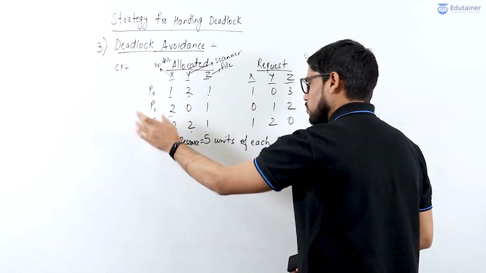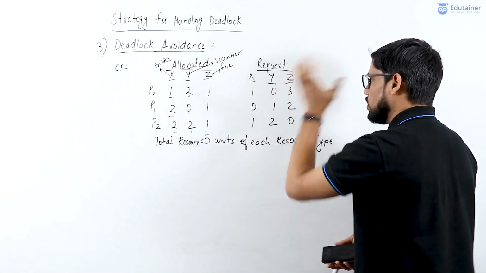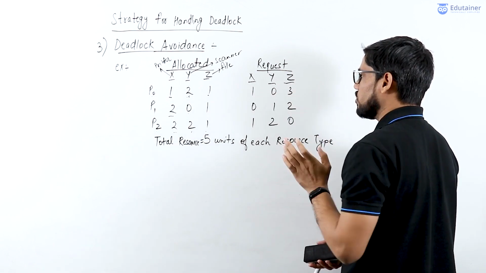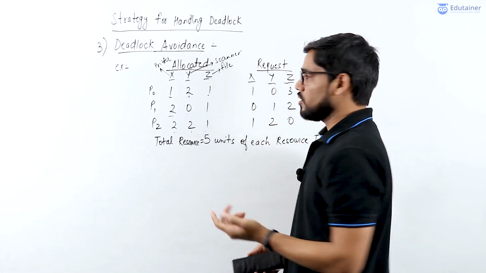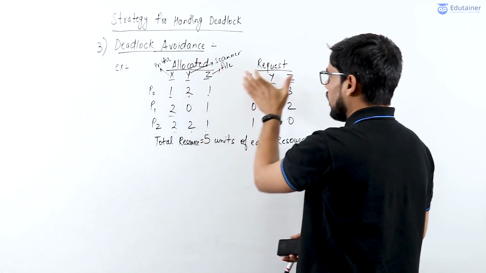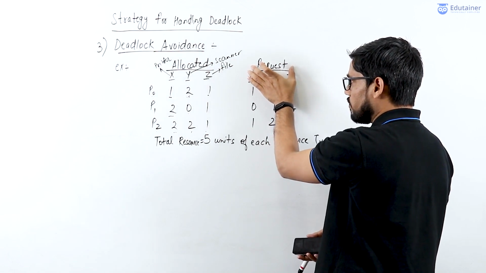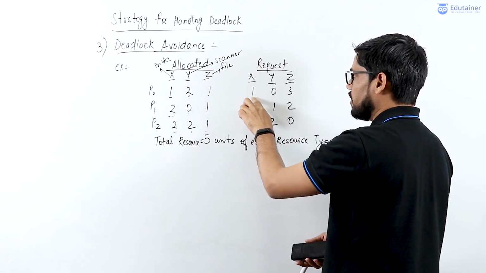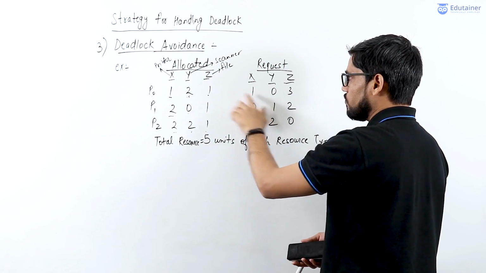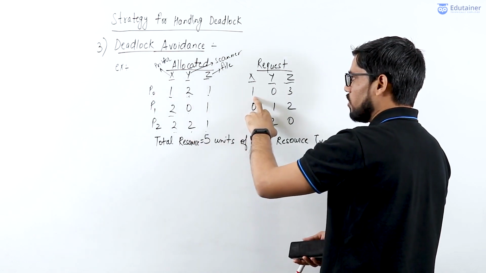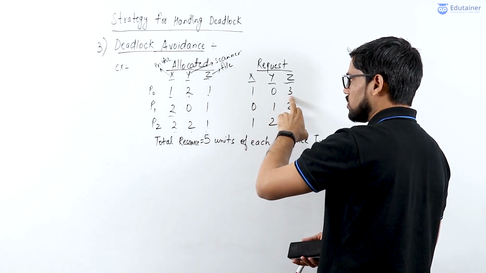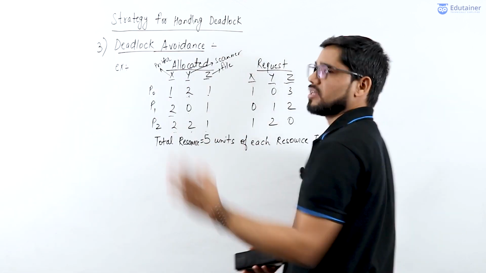Apart from this allocation, which is currently allocated to the different processes, processes P0, P1 and P2 still need these resources further to complete their execution. So here currently it is allocated and it requests further to complete execution. Process P0 needs one instance of resource X and 3 instances of resource Z to complete its execution.